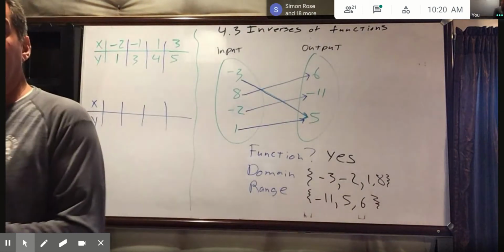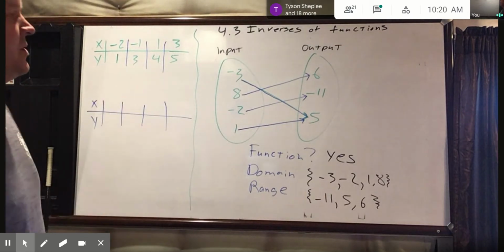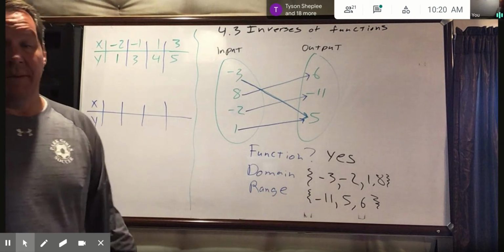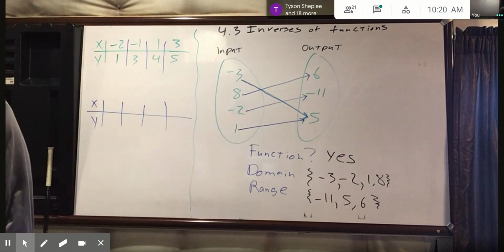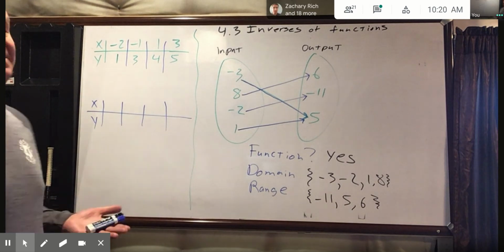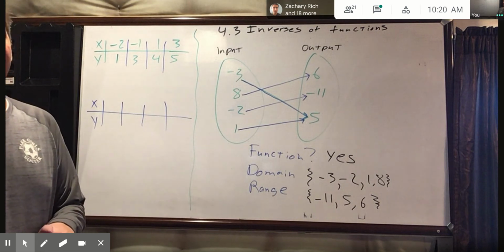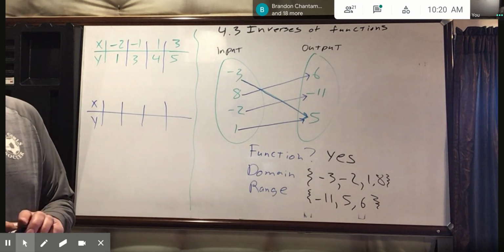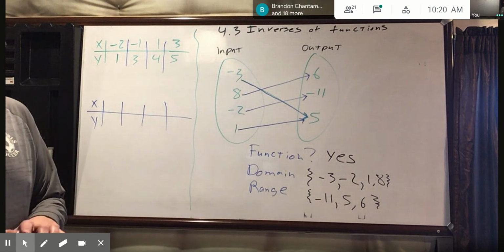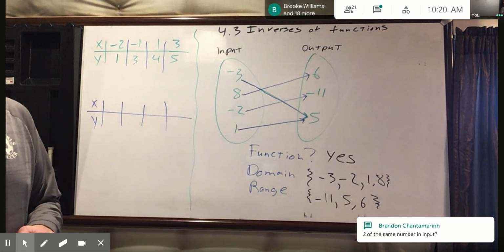All right. Anyone willing to tell me what I would have to do to make this mapping not a function? Looking for a shout out here.